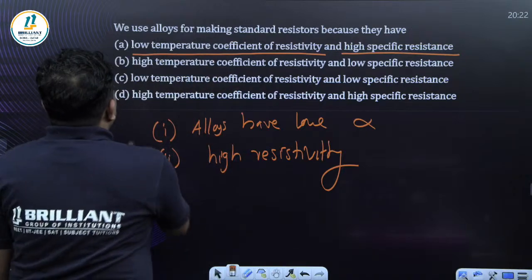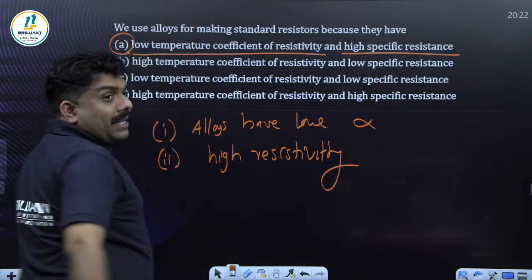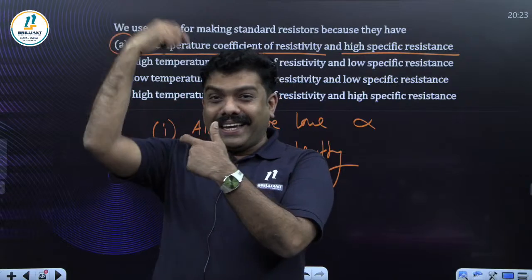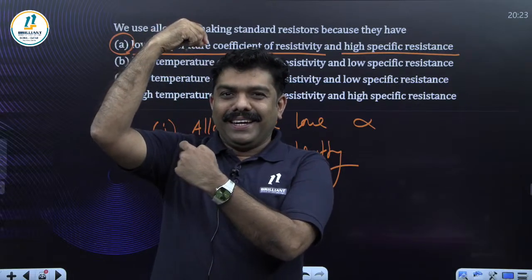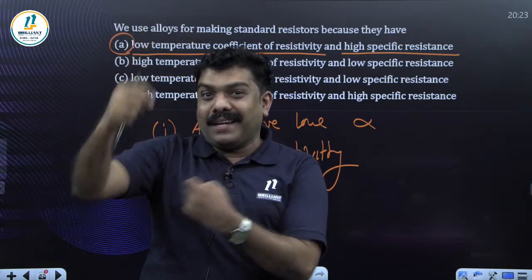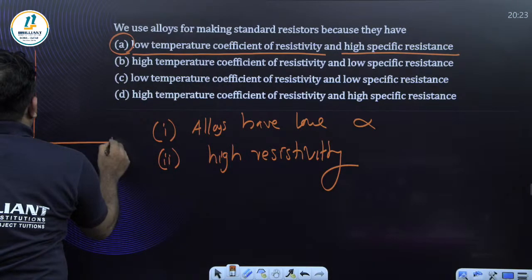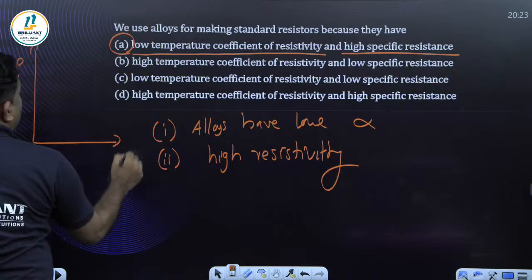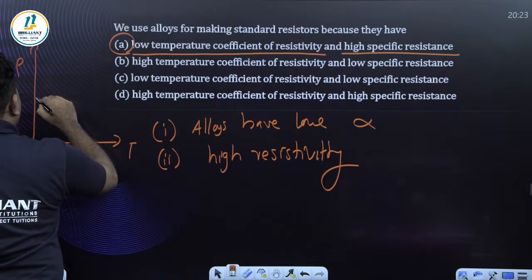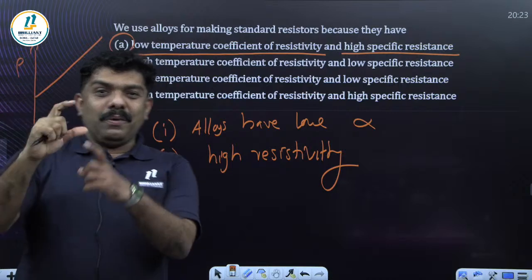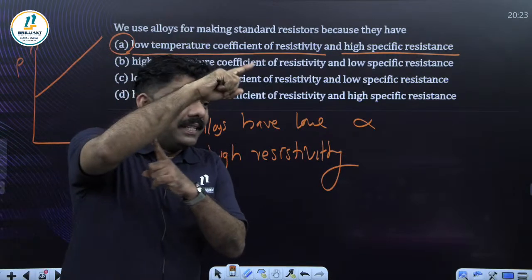So we can say option A is the right one. That is why, when we are sketching the rho-T graph, that question is repeating. That question is that important. When we are sketching the rho-T graph for alloys, we start our graph somewhat above the y-axis, a little height. The point there is that resistivity is high.